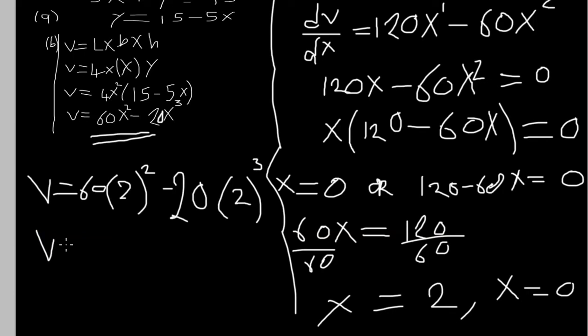So now the volume will be, this is just the same as 60 times 4 minus 20. So 60 times 4, you get 240.